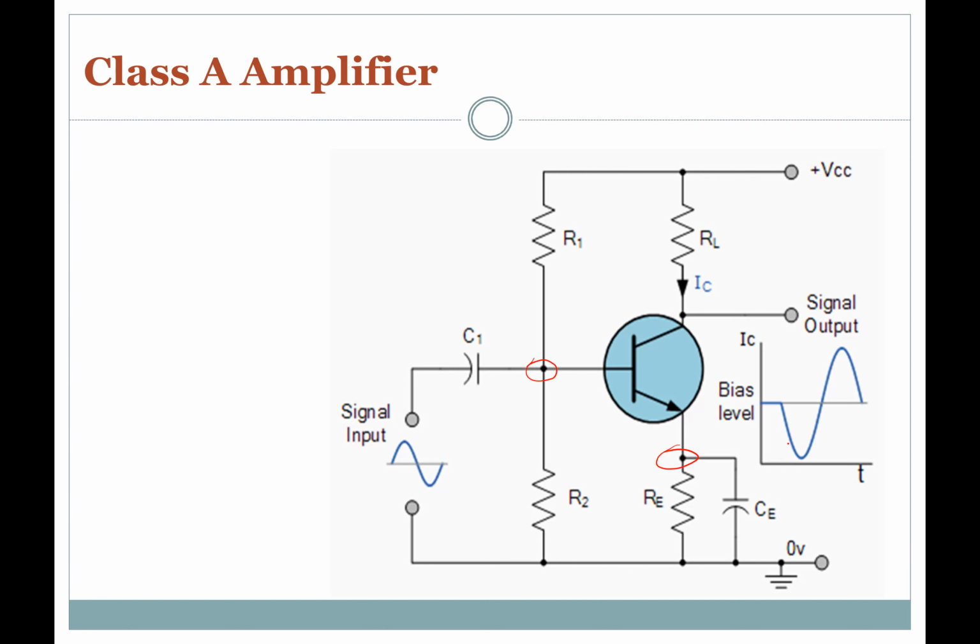However, this means that the transistor is permanently passing collector current even when no signal is applied. So power is being wasted in this case. Although Class A provides very low distortion, one thing you should know here is that for the Class A amplifier, the collector will permanently be passing current, and the one disadvantage of that is that there will be wastage of what? Power.